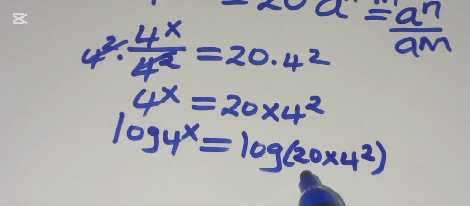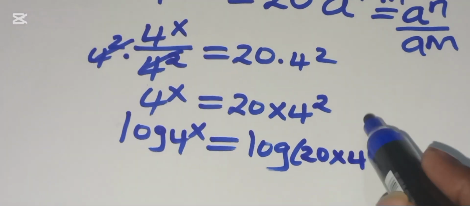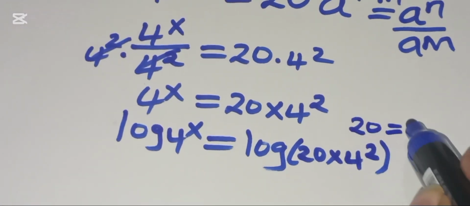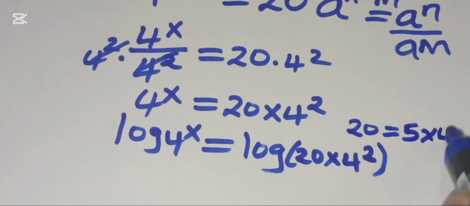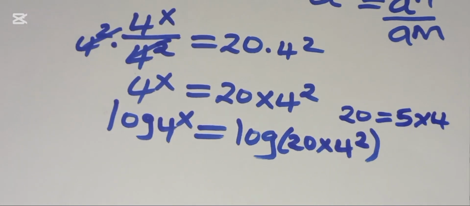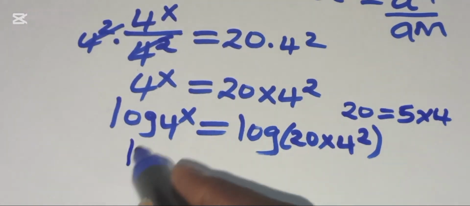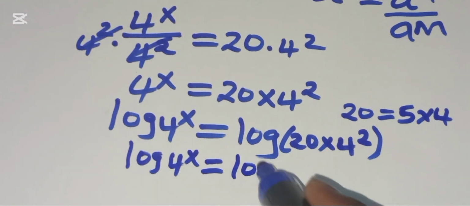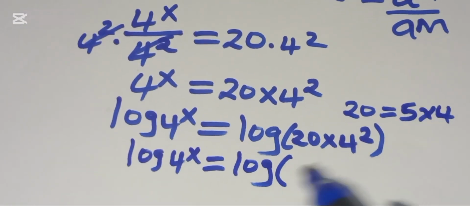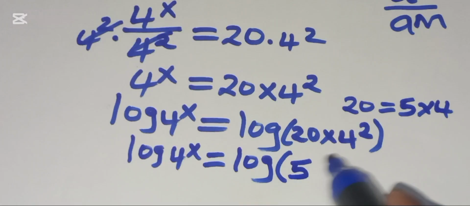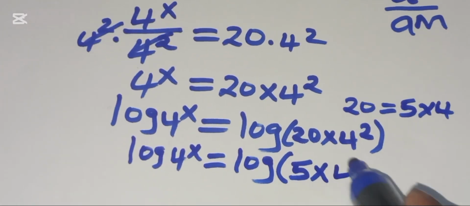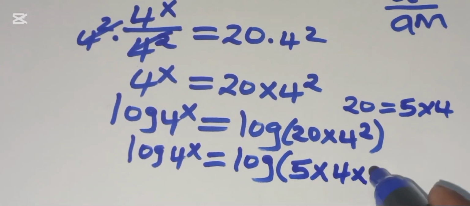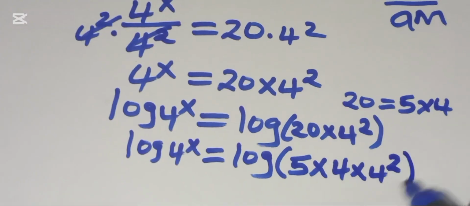Okay. Now, from what we have here, 20 can be expressed as 5 times 4. So in other words, we can have log 4 raised to power x equal to log of 5 multiplied by 4 squared.